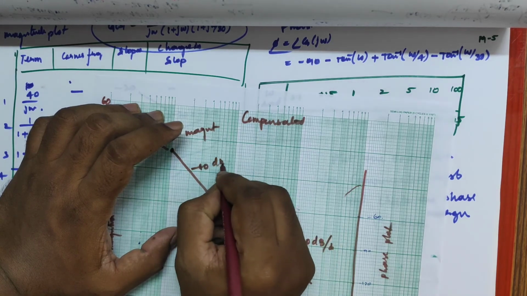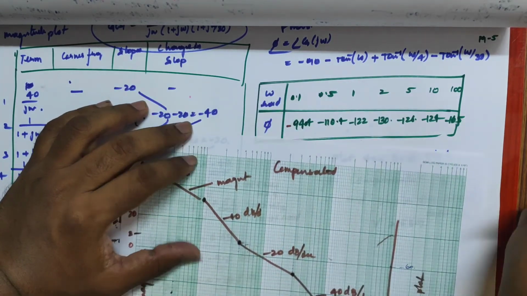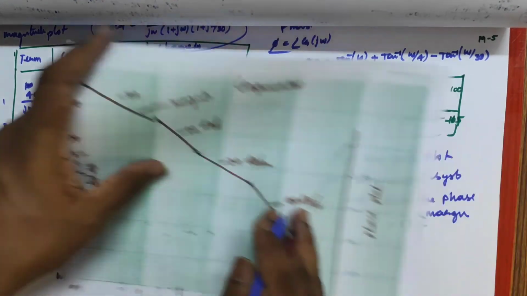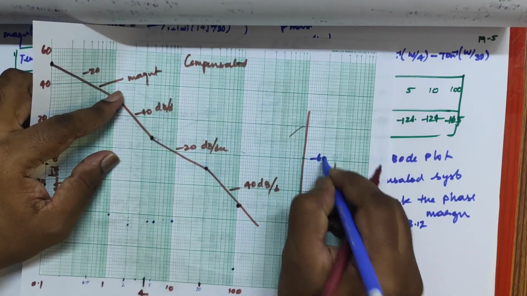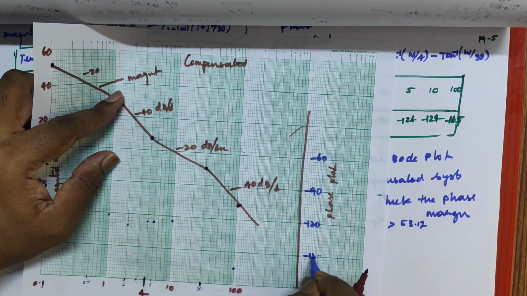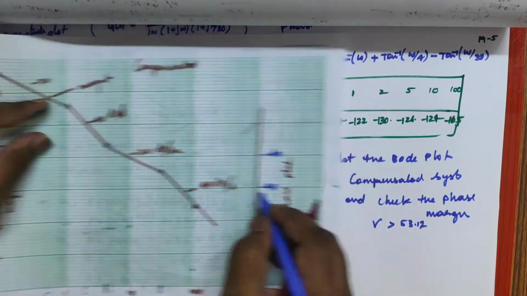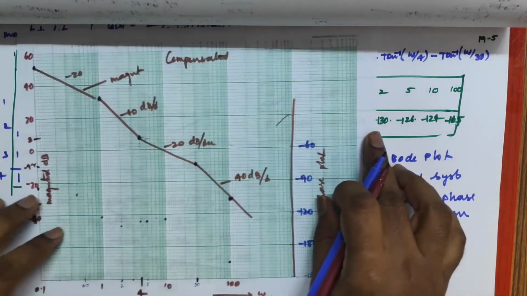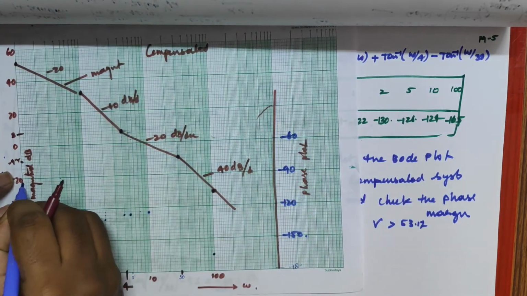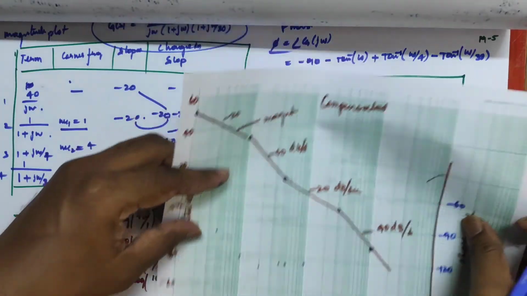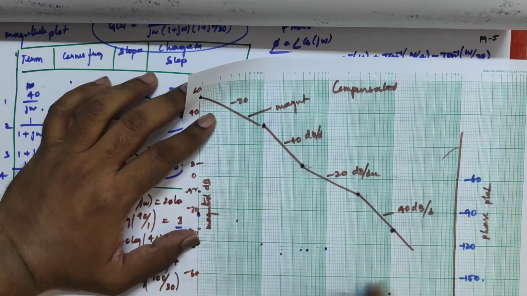Now we'll plot the phase. At omega 1 I have minus 94. On the right side I take minus 60, minus 90, minus 180, and minus 150. So minus 94 at this point. I already plotted those values.